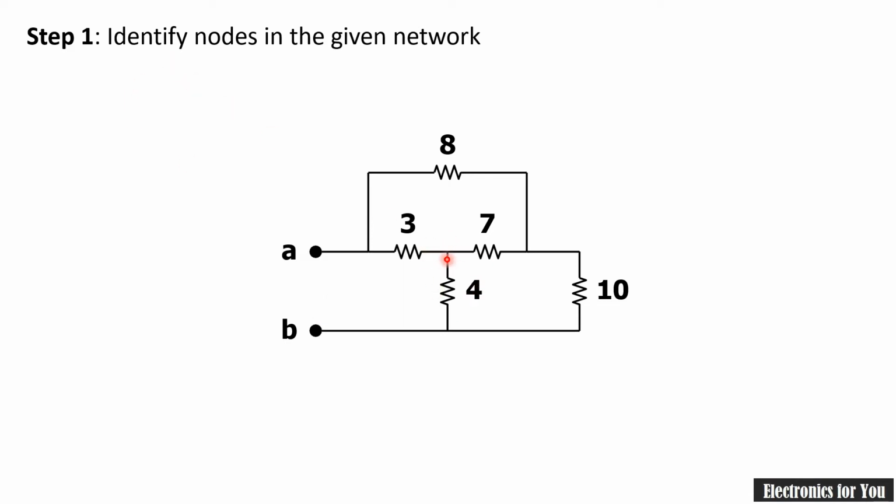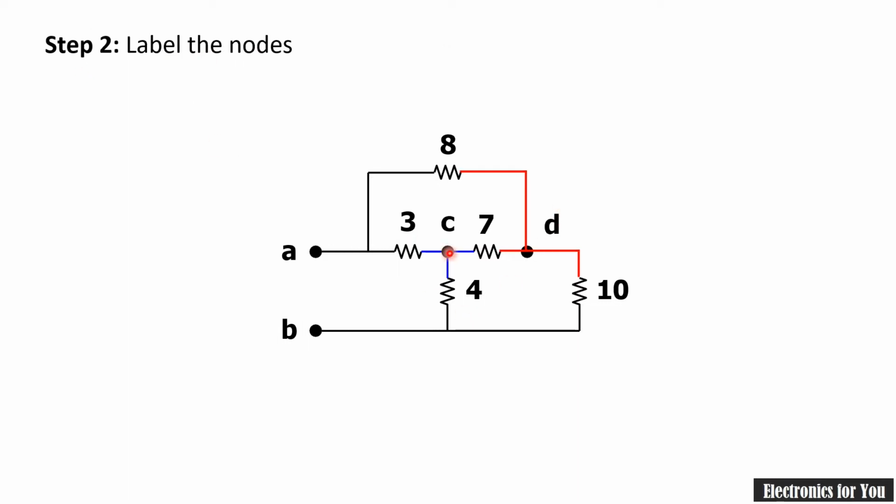Now this one is the first node, and this one is another node in this case, and this one actually is itself a B node, and therefore here I will label in step 2 these nodes, and let it be C and D, and after step 2 we will get our network like this.